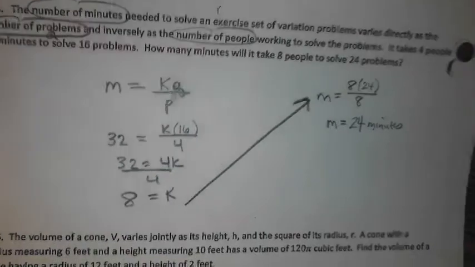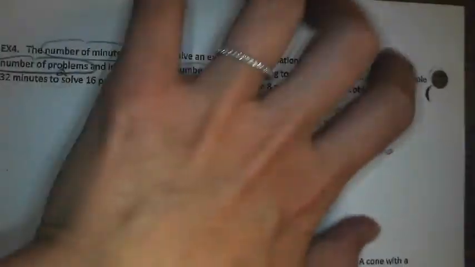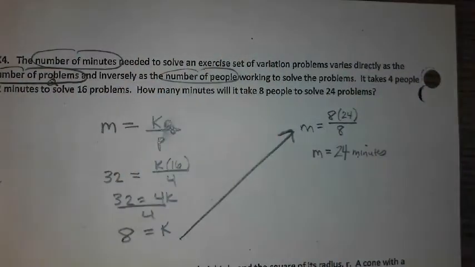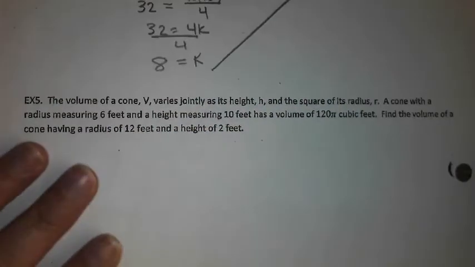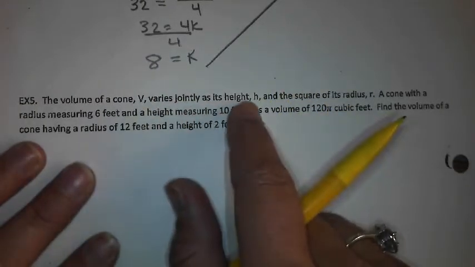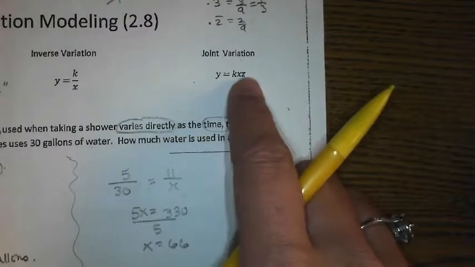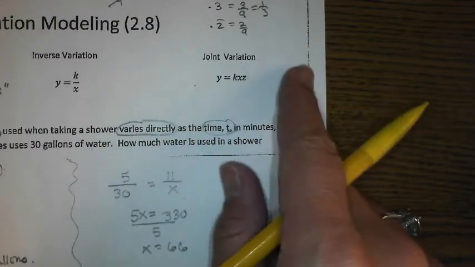Okay. So that is a version of joint variation, but it's kind of a mixture because with one of the variables it's direct and with the other variable it's inverse. If they ever just say on exercise 5 that something varies jointly as 2 other variables, that's this one where you just assume it's direct with both of them.